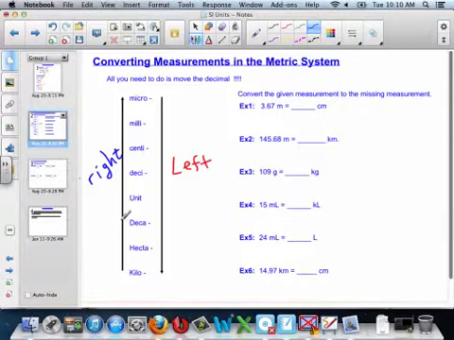I want you guys to write that down in your notes. Put a big box around that. Highlight it. Colored pencils, get out the crayons, I don't care what it takes. Everybody should write that down and put a big box around it. Small to big, we move to the left. Big to small, move to the right. That is literally all the notes that you need for today's lesson.